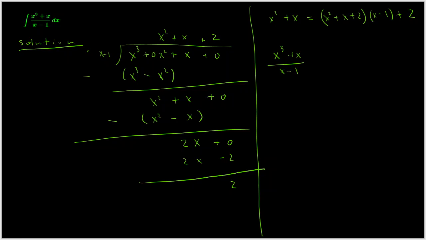That is the function we want to integrate. Using the long division, dividing both sides by x minus 1, you have x squared plus x plus 2, which is actually the quotient of the long division, and then plus 2 over x minus 1.